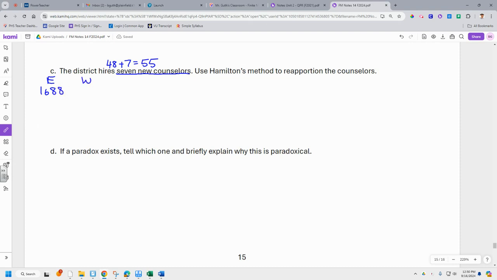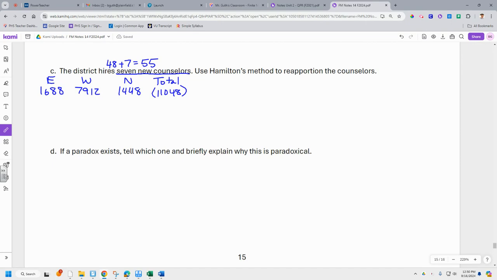West High had 7912. And North is the new one, North High, 1448. If you add those three numbers up, that gives us a total of 11,048.